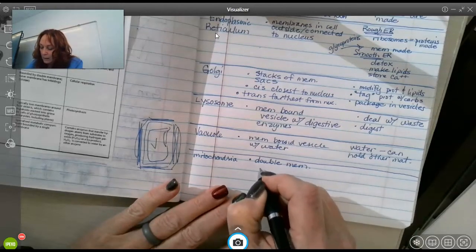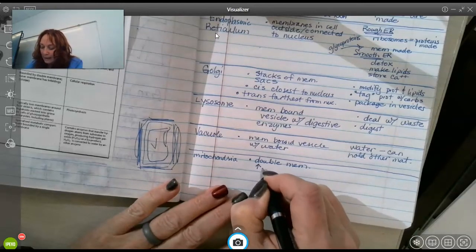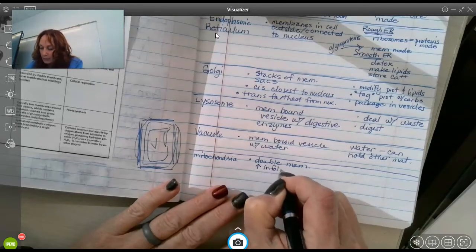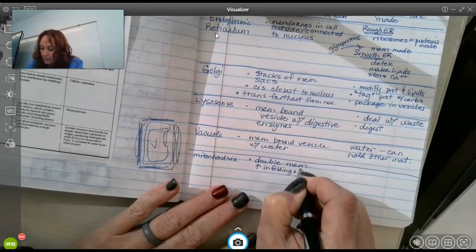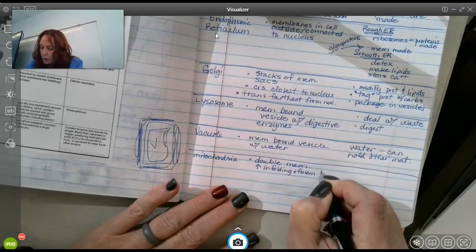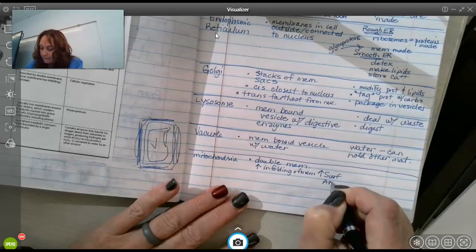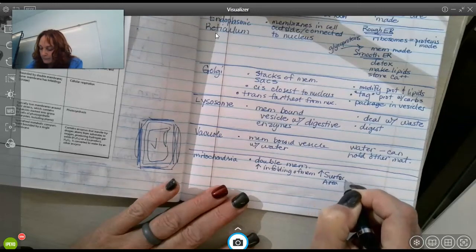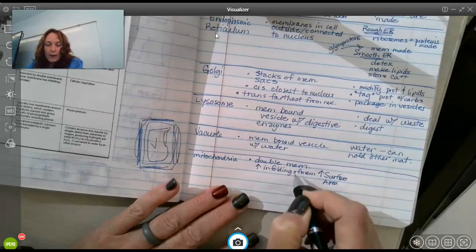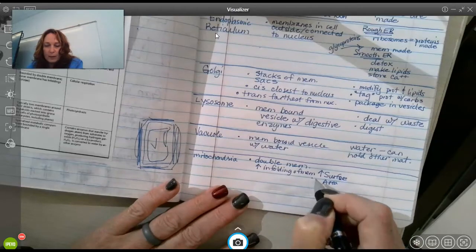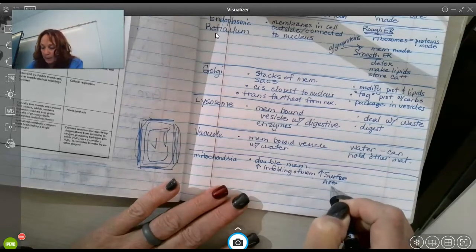It has a really high amount of infolding of the membrane, which is going to increase the surface area. A lot of what happens is on the membrane, so if you fold it, you have a lot more membrane.